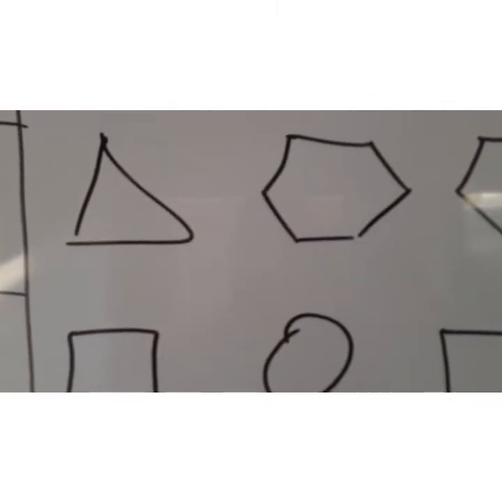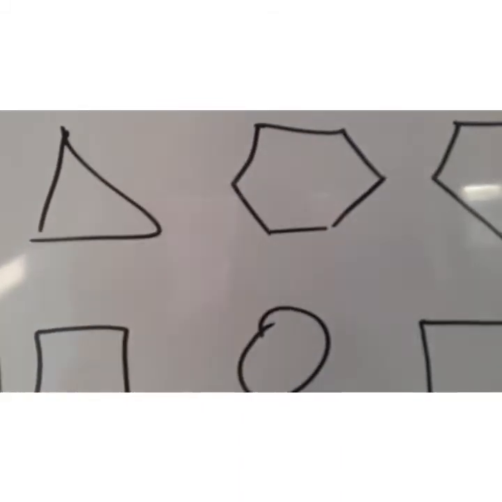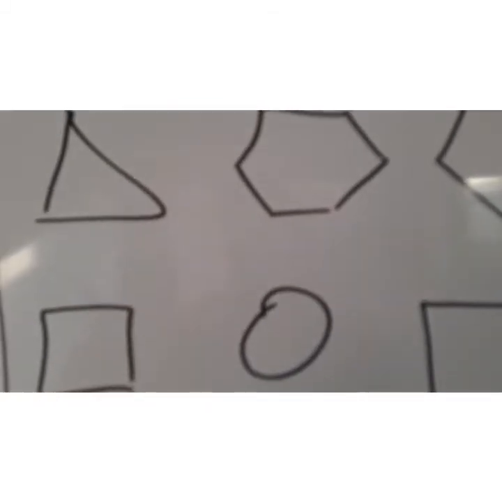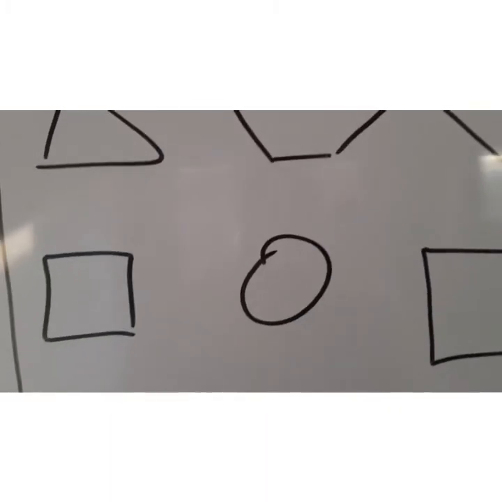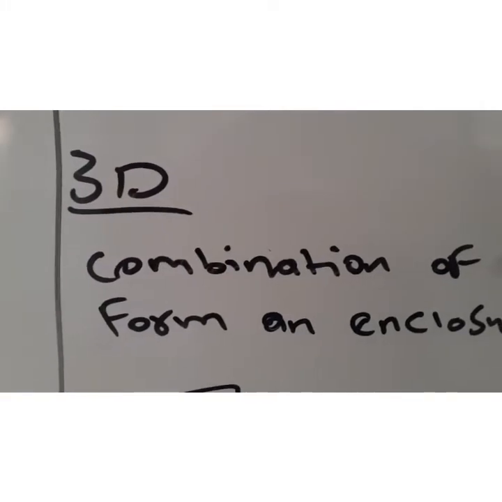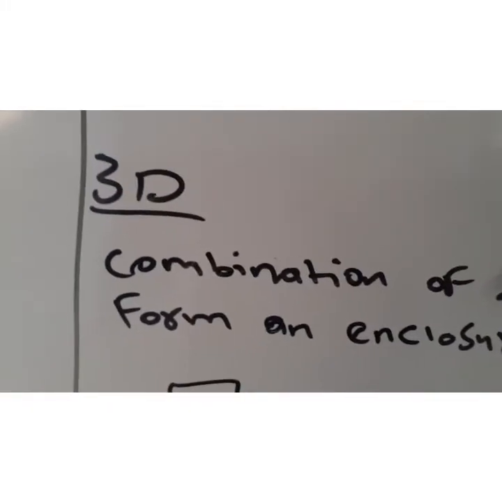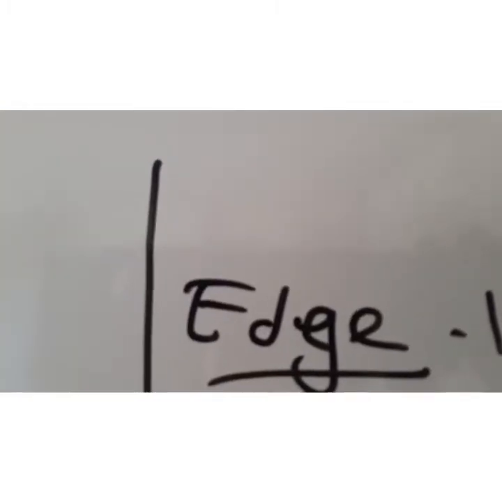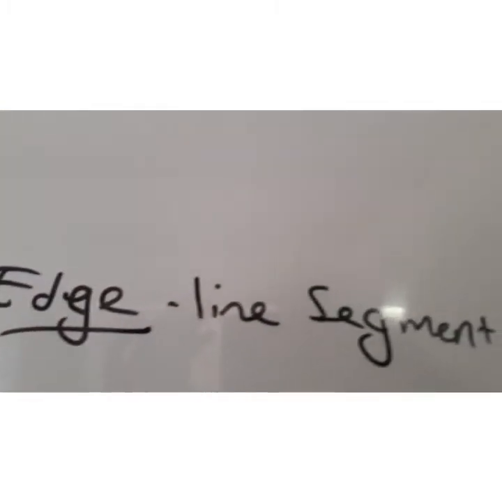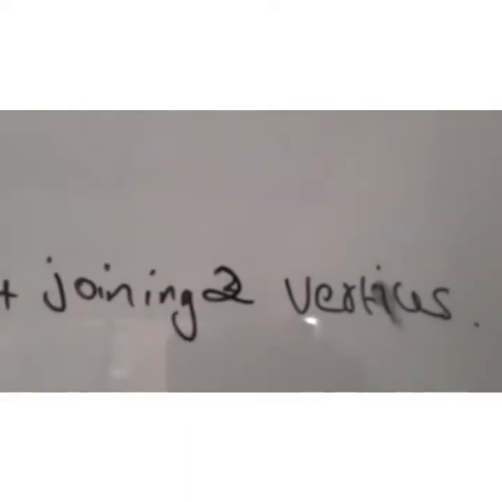The two-dimensional only has one face, but it has your edges and your vertices, and then your 3D has more than one face, and it also has your vertices and your edges. So now, an edge is a line segment joining two vertices.